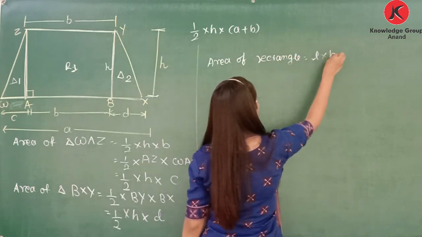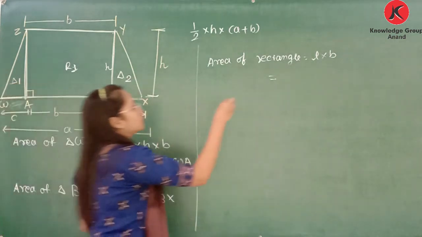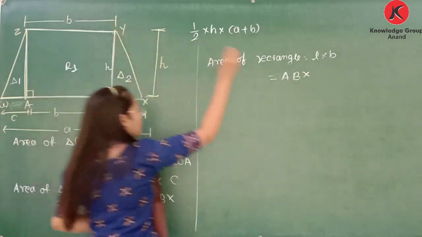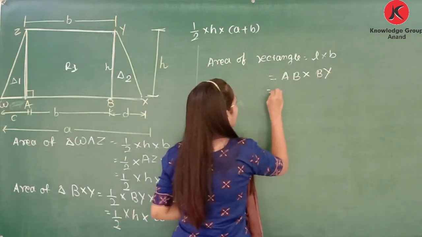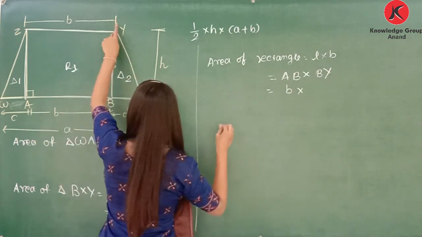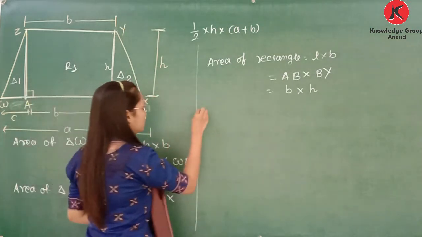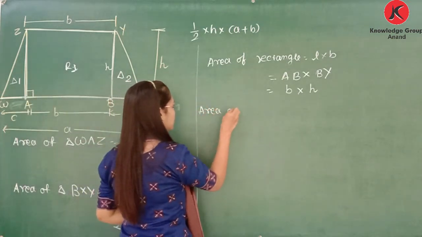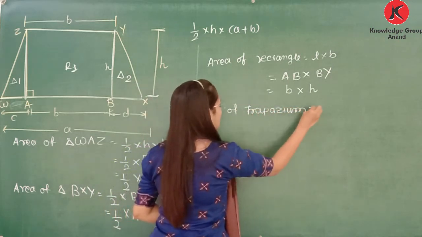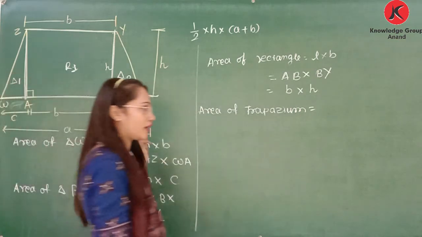Now the area of the rectangle is L multiply B. What is the length of this rectangle? That is AB. And what is the height? BY. So AB is B and BY is H. Now the area of the trapezium is equal to the area of triangle 1, the rectangle and triangle 2.